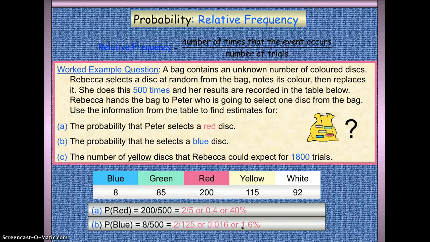First, you get the relative frequency of yellow, which is 115 divided by 500, the total number of times that she took a disc from the bag. It's 0.23 or 23%. So 0.23 times 1,800. So she will probably select the yellow disc 414 times out of 1,800 trials.